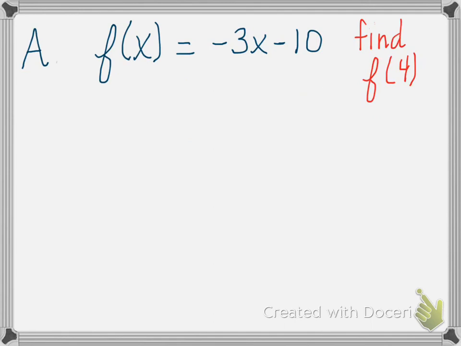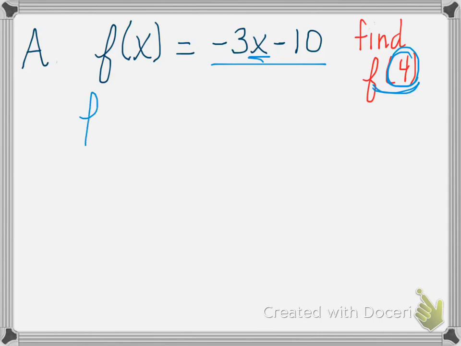So here is a function rule. f of x equals negative 3x minus 10. I want to find what is the solution when f, the function, is 4. That means everywhere that I see x, I'm going to put in 4.